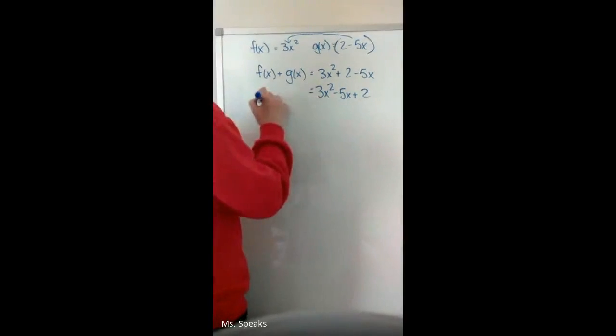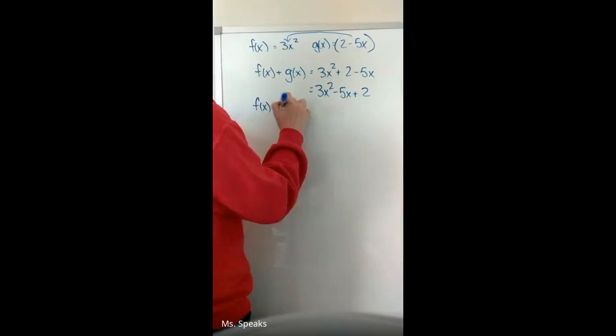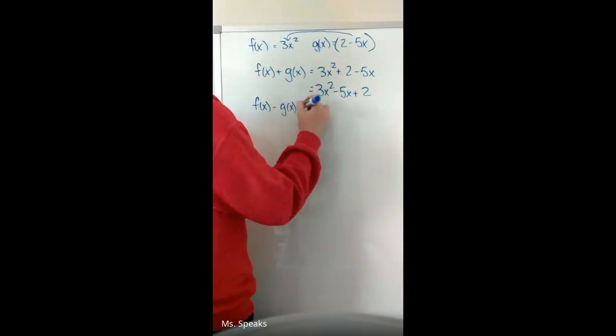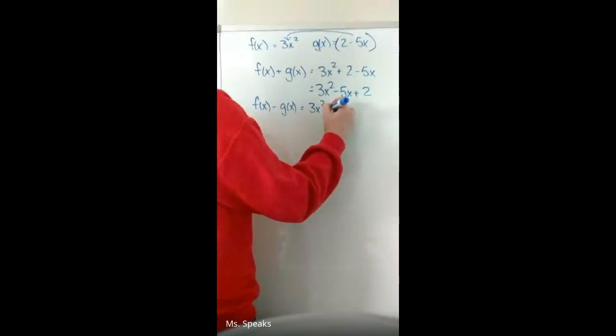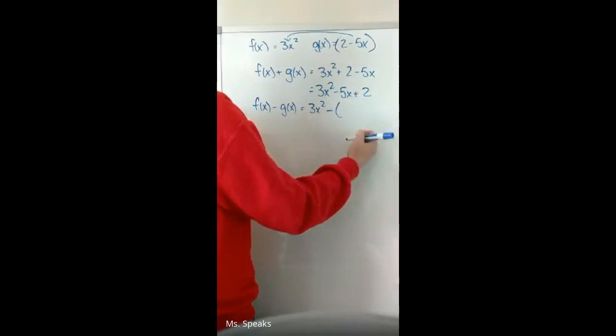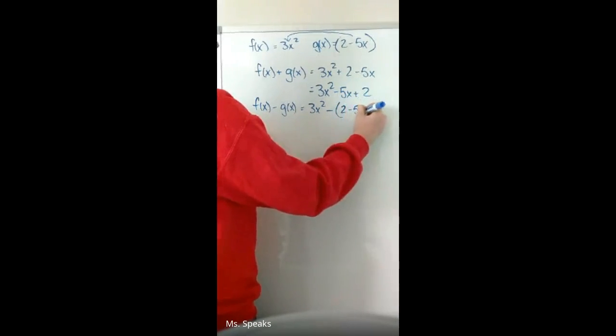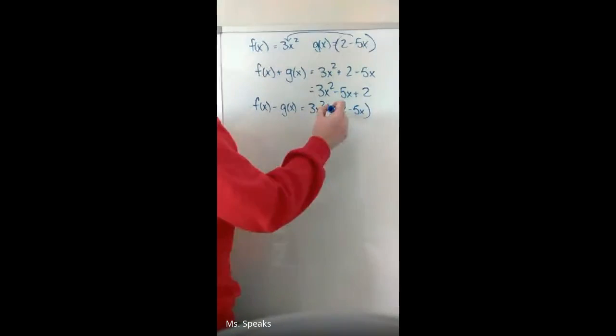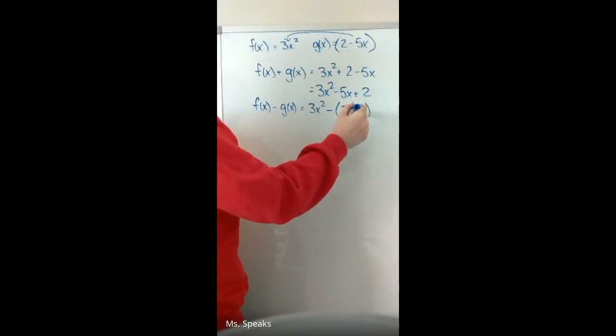If we did the same thing but subtraction, so f of x minus g of x. Okay, so now I have 3x squared minus, and if I were you, I'd put this in parentheses, minus 2 minus 5x. Okay, the reason is a lot of you will do minus 2, but you'll forget that it's minus negative 5x.